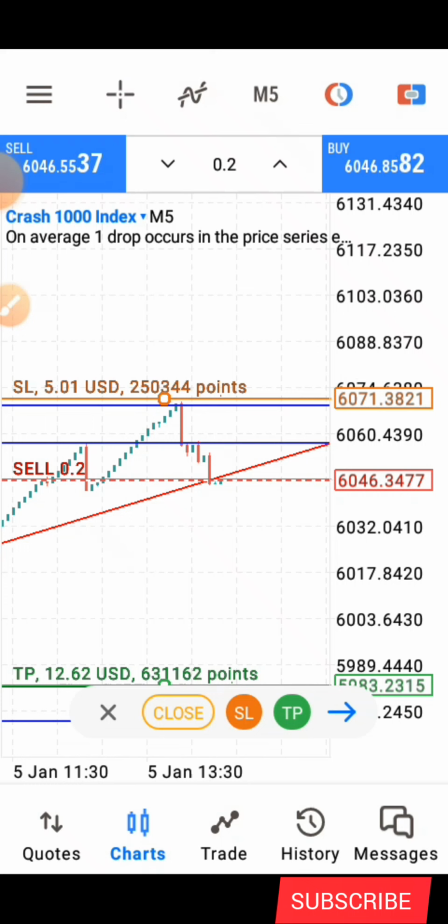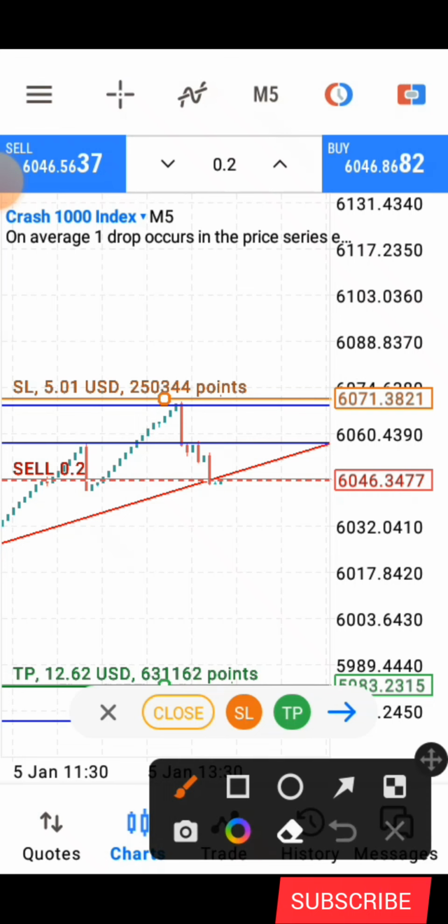And you know how spikes work, alright? Normally if you set a TP or stop loss for a spike, it doesn't respect it. It only respects the support and resistance zone. So let's say if it's breaking this zone now, it's not going to respect that TP, and that will be to your advantage.